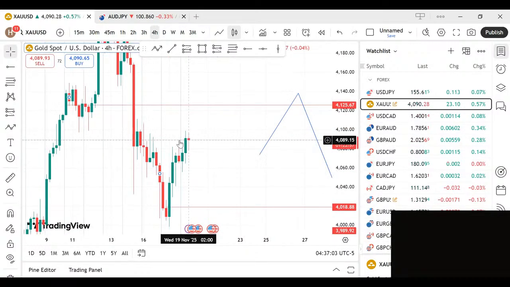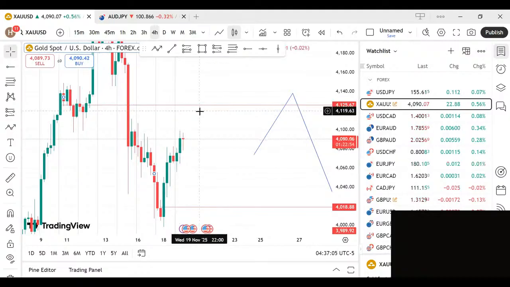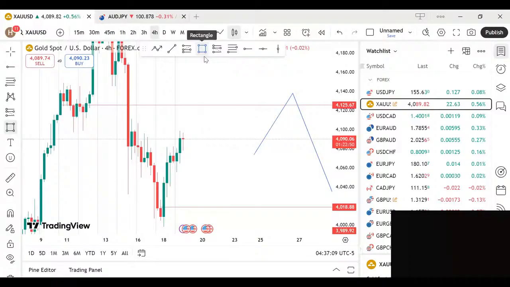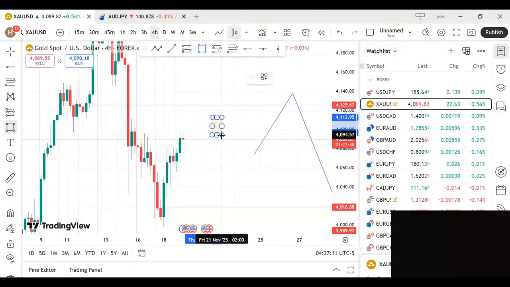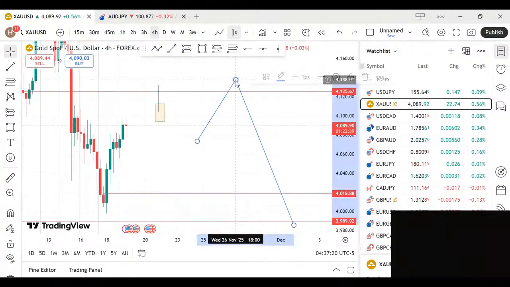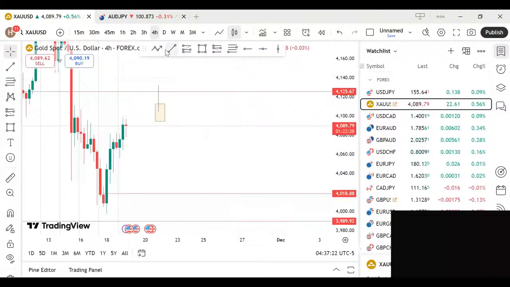So I'm waiting for price to tap into this key level and reject here on 4 hours. When I say reject, reject is a candle closure and a candle rejection. Price taps here and rejects like this. So when this happens on 4 hours, I'm going to go to 1 hour, 30 minutes and look for a breakout to the downside.